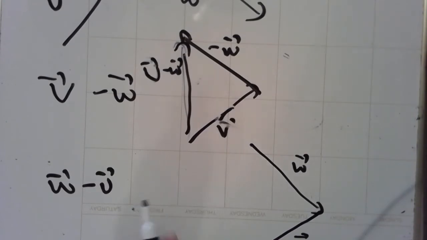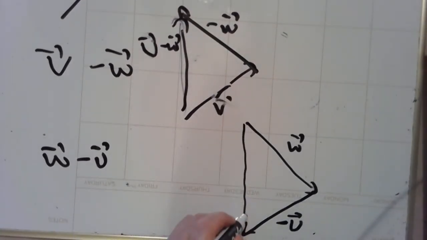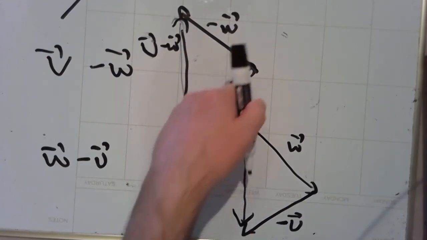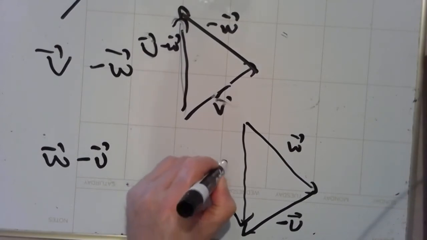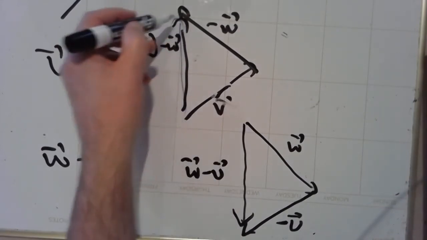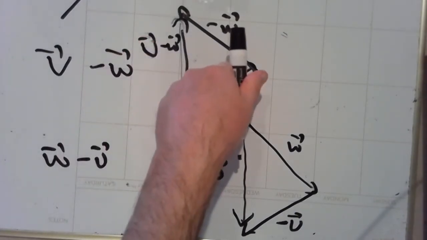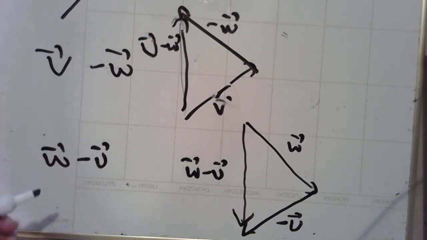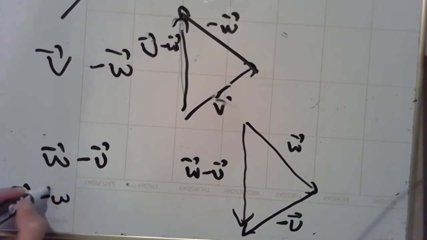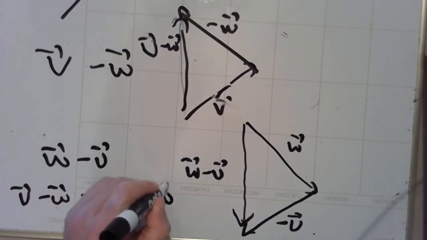So here's negative v. Start at the beginning and end at the end. This side over here pointing down is the vector w minus v. Is that the same as v minus w? No, v minus w pointed up, w minus v points down. These are not the same. Subtraction is never commutative. In fact, v minus w equals the opposite of w minus v.